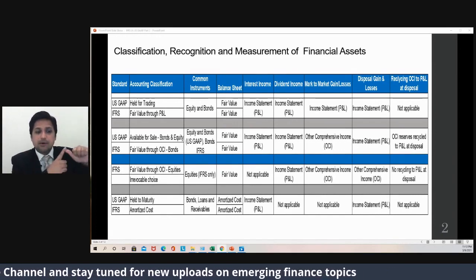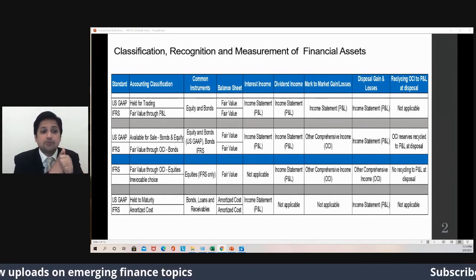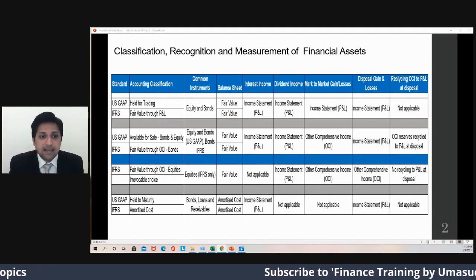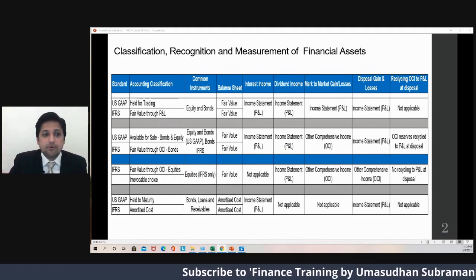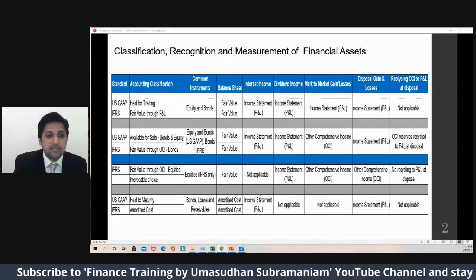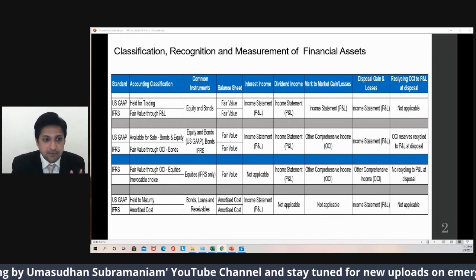Remember, the mark-to-market gain or losses on these investments must be taken to OCI. And remember, the most important point here is that at the time of disposal, the gain or losses arising from the disposal must also be taken to other comprehensive income.